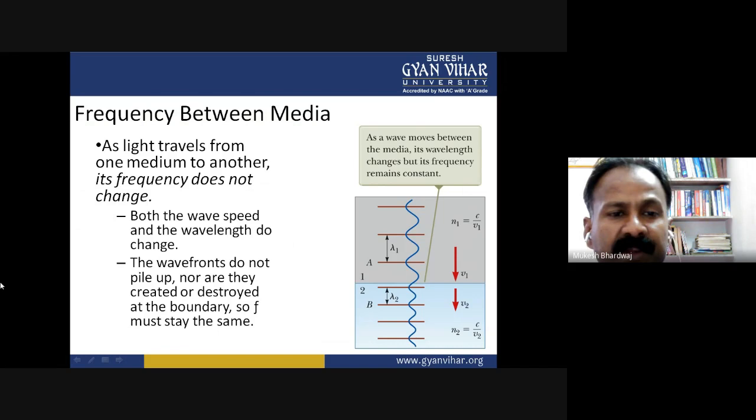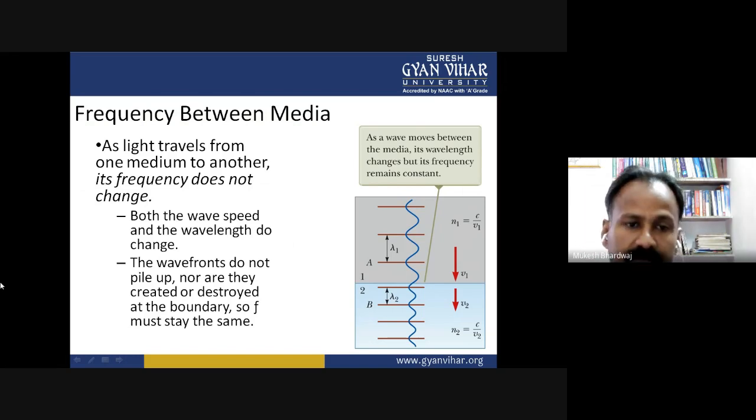Both the wave speed and the wavelength do change, and they decrease when going from a rarer to a denser medium. The wavefronts do not pile up, nor are they created or destroyed at the boundary, so frequency must stay the same. As the wave moves between media, its wavelength changes, but its frequency remains constant.